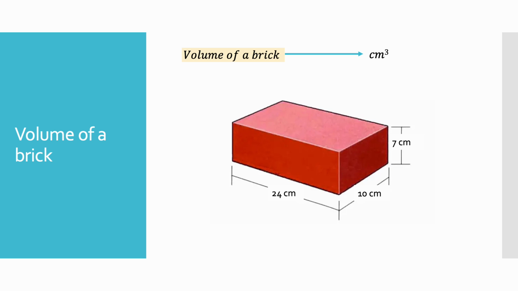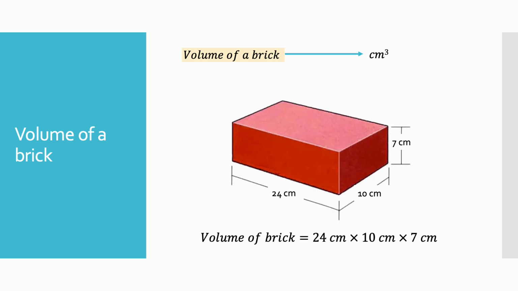Now let's talk about how we measure volume of smaller solid objects like a brick. Just like the big cube that we saw earlier, we use this formula. Volume is equal to length into breadth into height. And in this case, the dimensions are given: 24 centimeters multiplied by 10 centimeters multiplied by the height, which is 7 centimeters.